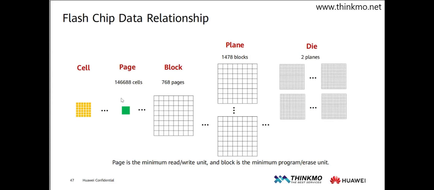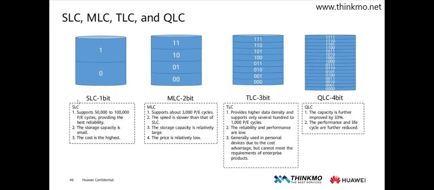Among them, the number of data bits stored in each cell is different. For example, as we mentioned in the last lesson, SLC stores 1 bit of data, which results in the advantage of having a very fast read and write speed and a long lifespan. However, the downside is the cost is relatively high.